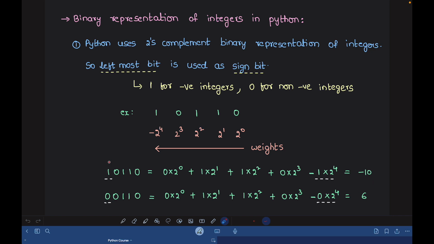If the leftmost position had been 0 instead of 1, we would get a positive integer, right? So let's find its value. It will be 0 into 2 power 0, 1 into 2 power 1, 1 into 2 square, and 0 into 2 cube, and this leftmost position is 0 now, so it will be minus 0 into 2 power 4, which gives a value of 6.